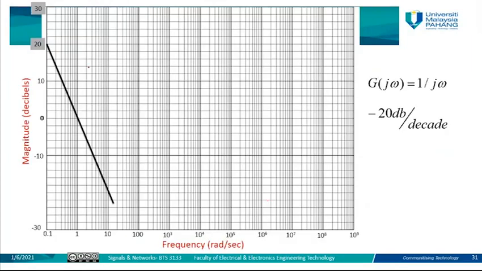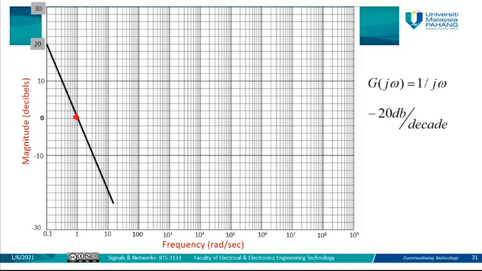If you draw it, it will be the same, but instead of positive 20 we have negative 20. The value now decreases from 20 until the 0 point. When it reaches the 0 point, that is the first decade, as you can see.